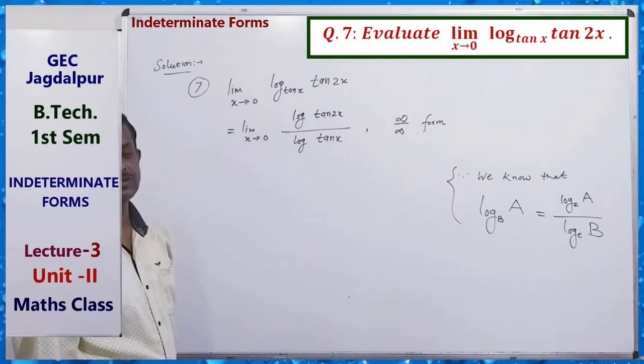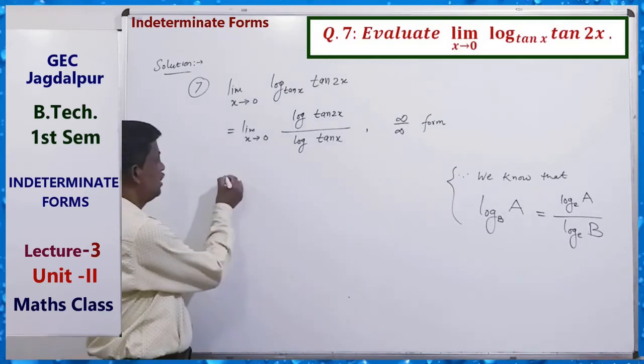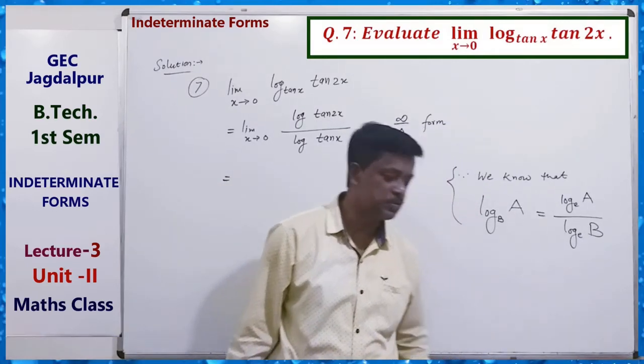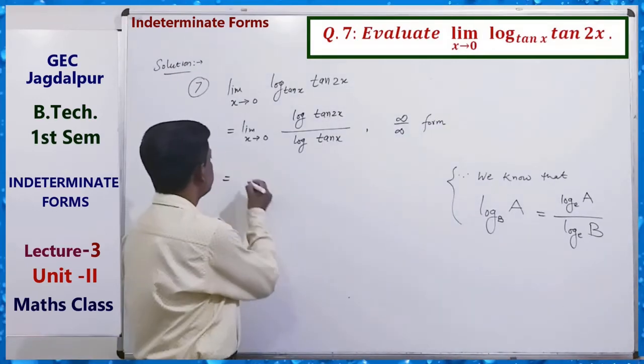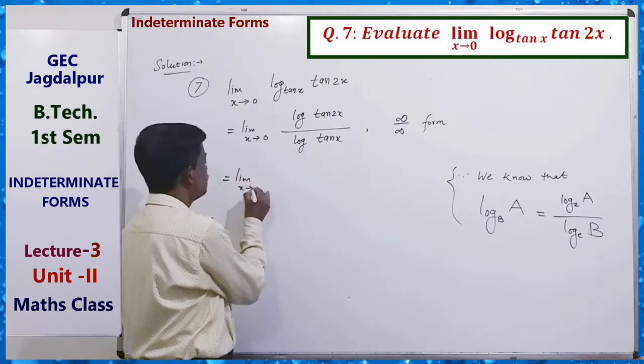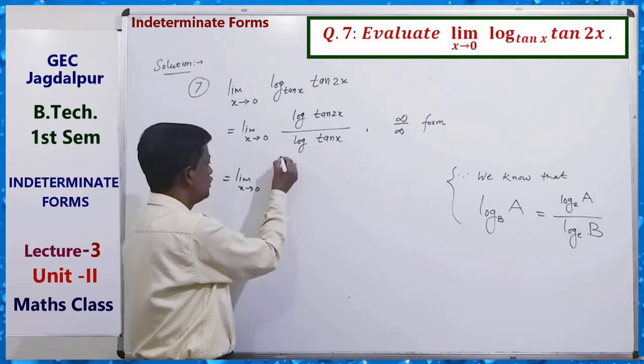So just use L'Hospital's rule. x tending to 0, differentiate it.